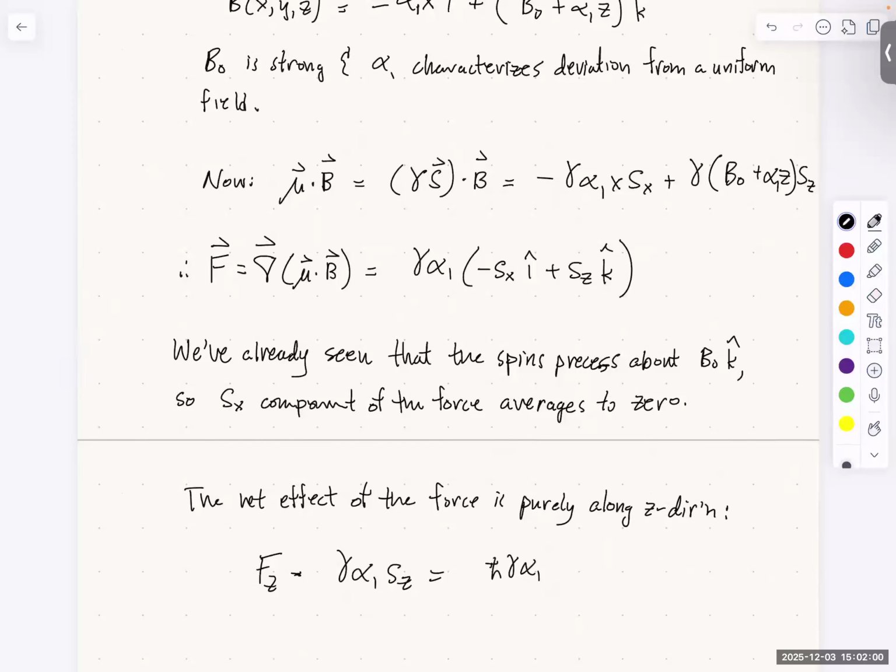Yeah, so we'll put h bar here and then ms, where ms is going to be plus or minus 1/2 for s equal to 1/2.